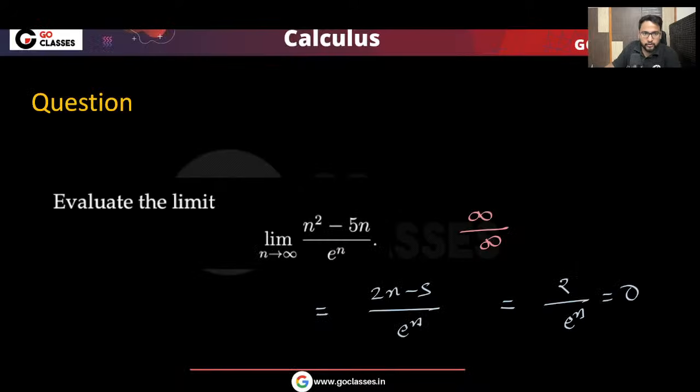Here this f(x) is tending to 1 and g(x) is tending to infinity. This is one of the last indeterminate forms. Let me just recall for you.